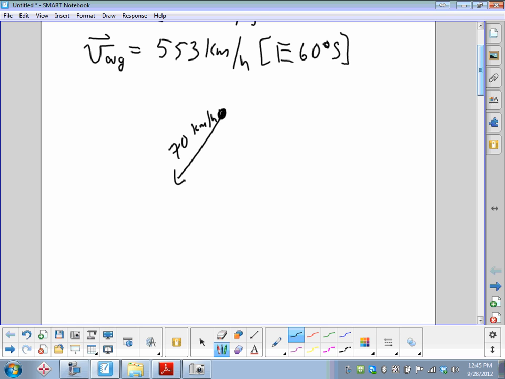And the plane velocity itself can be represented by this arrow here. That's what we're going to solve for. The resultant of those two vectors needs to be, let's represent it like that, 553 kilometers an hour, east 60 degrees south. So not to scale or anything, but just to give you an idea.